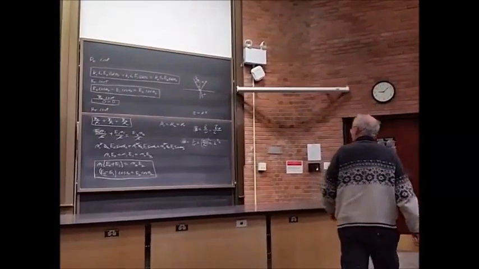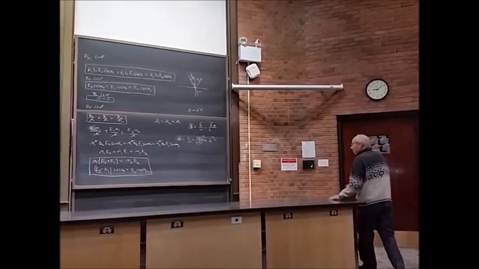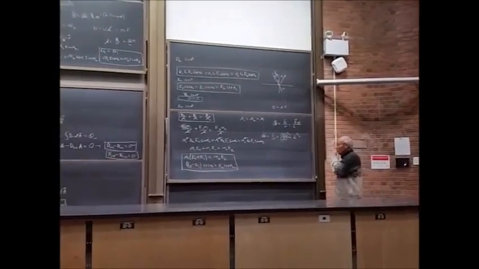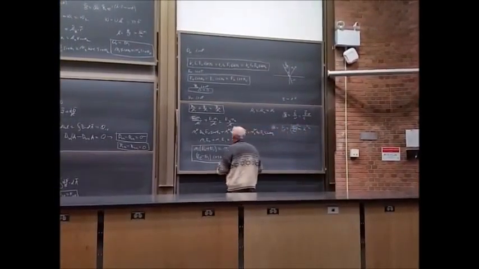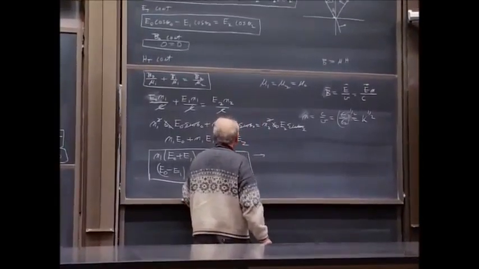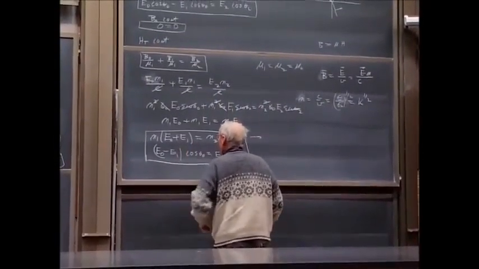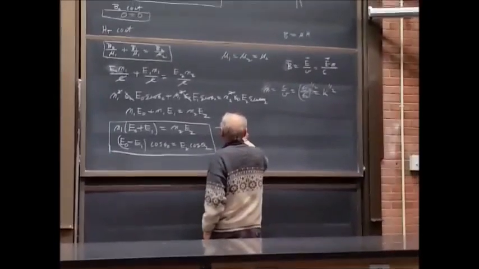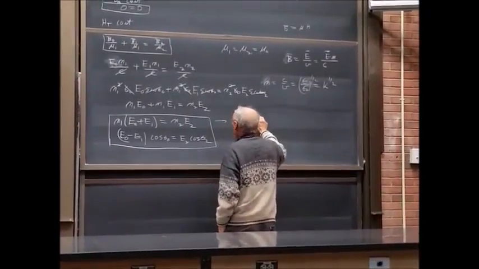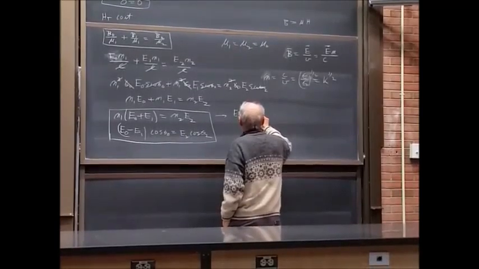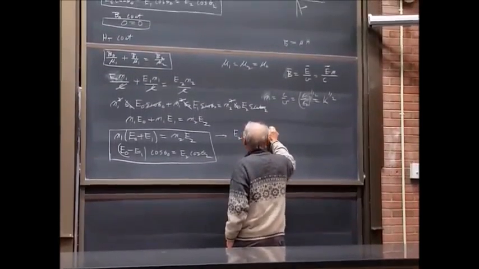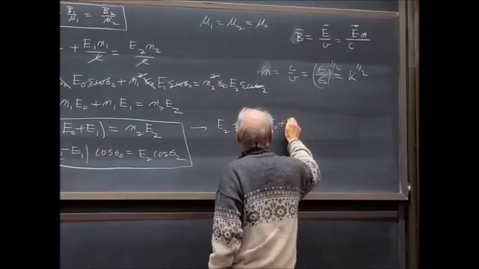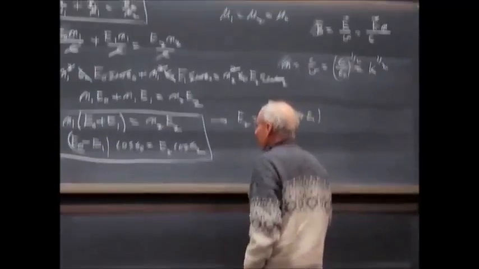All right, so all I got to do is solve these two equations. And so what I do is I take this one and I solve for E2 here, that's easier. E2 is N1 over N2 times E0 plus E1.